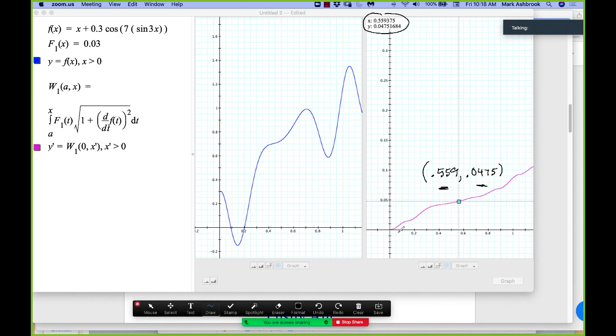She said that when the ant reaches x around 0.559, the accomplished work so far done by the ant is 0.0475. I forgot what units I was using here, so we can say joules. What do we think? Do you agree with that?